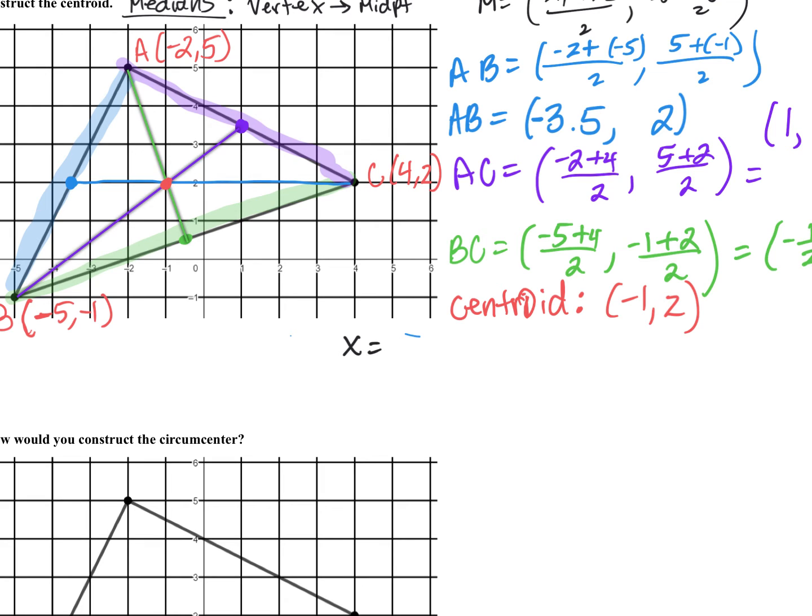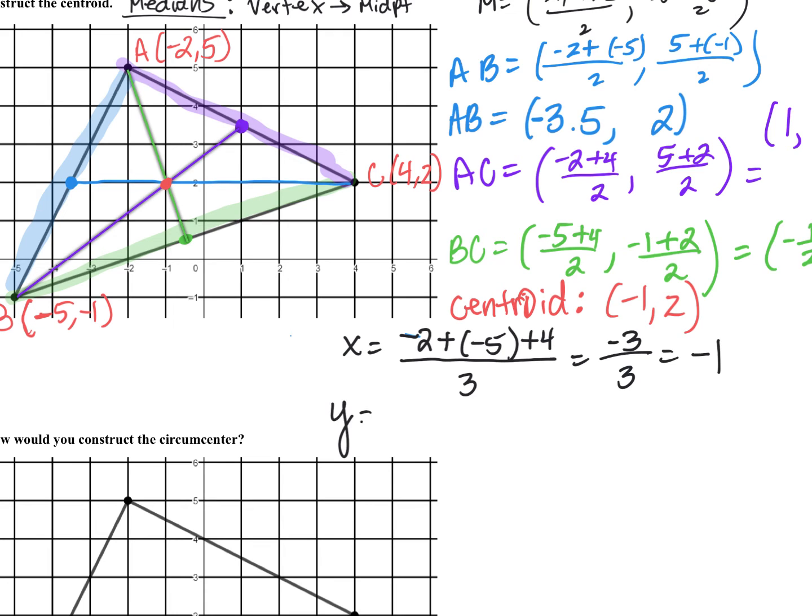So that is -2 plus -5 plus 4, and since we have 3 numbers, to find the average, I need to divide by the amount of numbers I'm adding. So we have -2 plus -5, that's -7, and then plus 4 is -3. Therefore, -3 over 3 gives us -1.